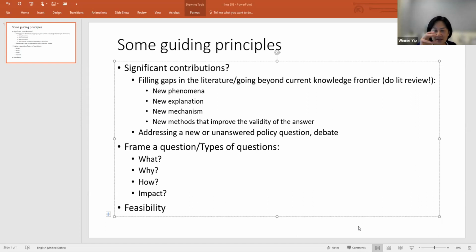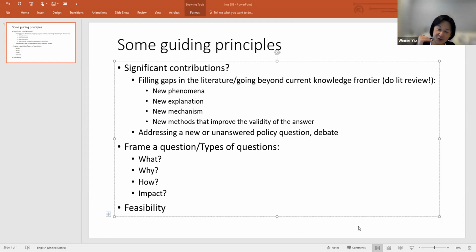Now, my second set of comments is, interestingly, the title of today's talk is asking a research question. But I'll tell you that very often students will show up in my office, and they don't even start by saying, my proposed thesis is to answer the following question.